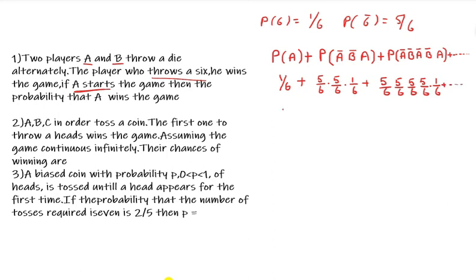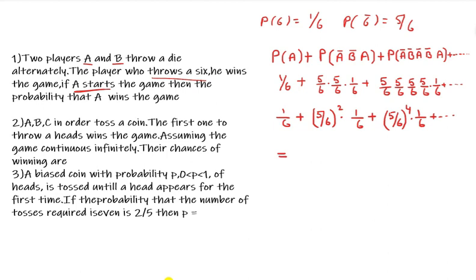So plus and so on. So this is 1 by 6 plus (5 by 6)^2 into 1 by 6 plus (5 by 6)^4 into 1 by 6 plus and so on.